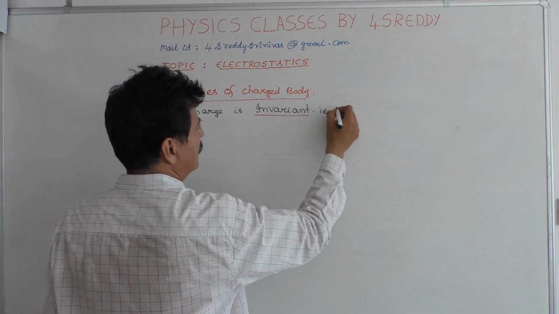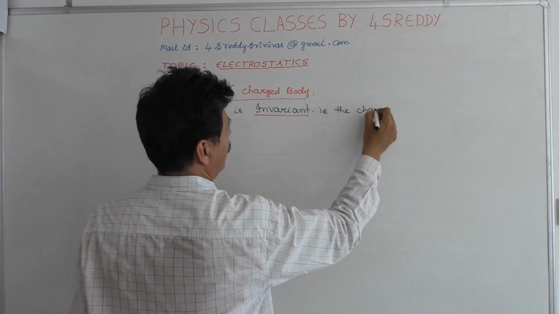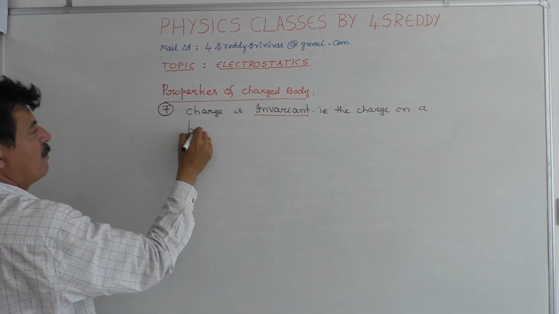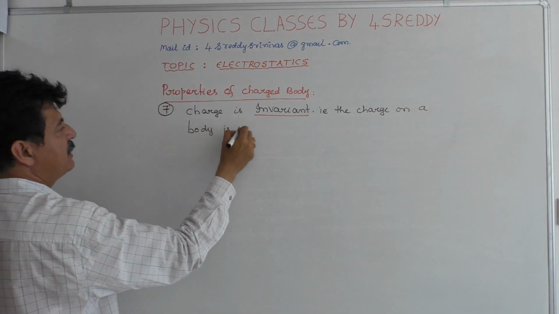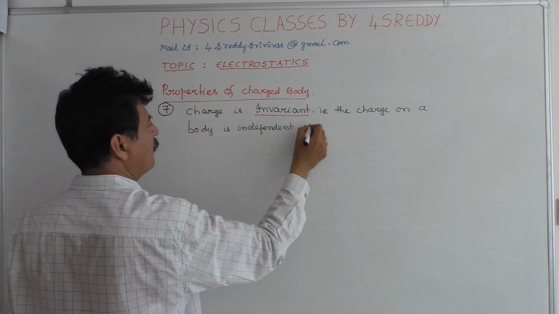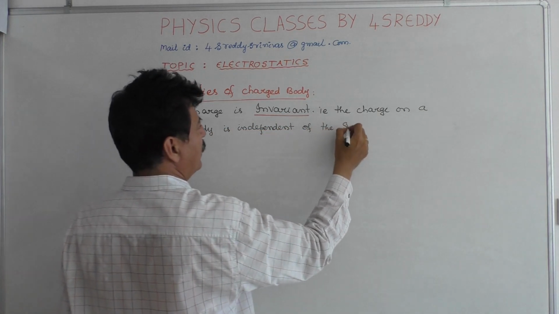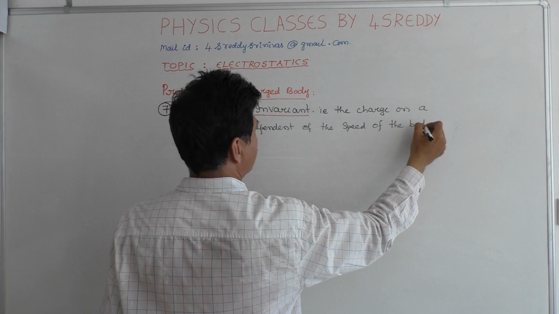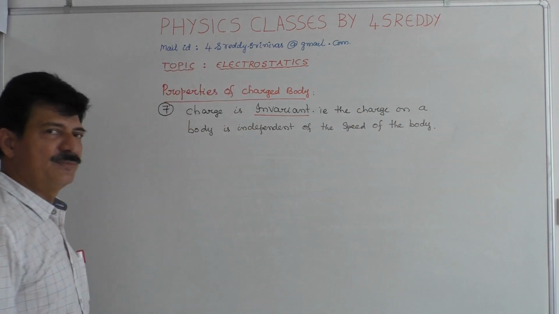That is, the charge on a body is independent of the speed of the body. That is point number 7.